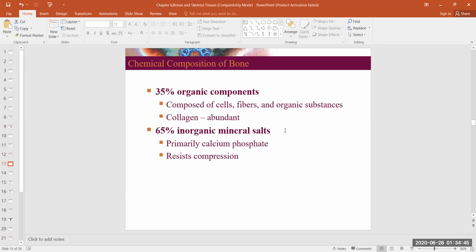Bone is different from other connective tissue. None of the other connective tissues has a lot of inorganic component like bone. To make bone harder, you have the inorganic component, called inorganic mineral salts, and they are primarily calcium and phosphate, and this resists compression. So the organic component gives flexibility to the bone, whereas the inorganic gives resistance to compression.